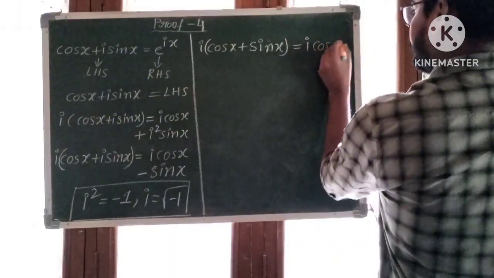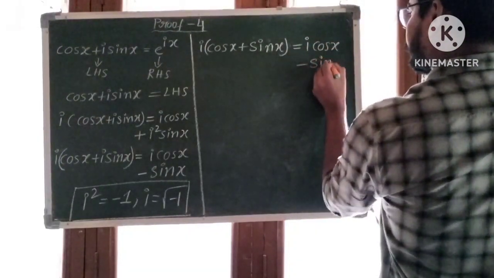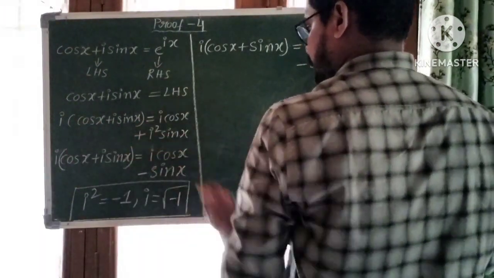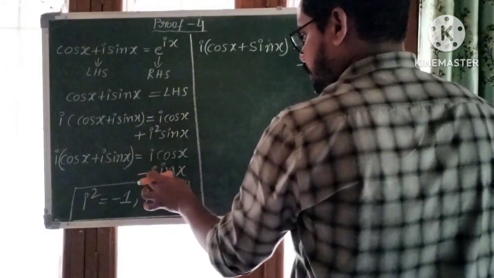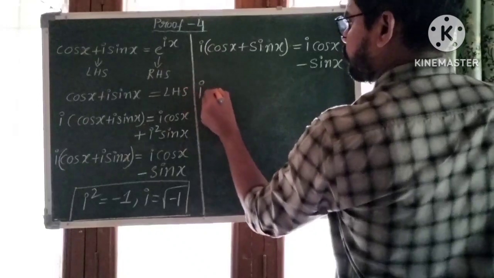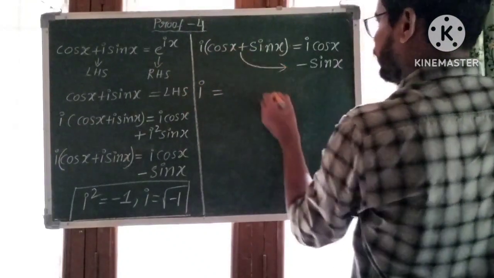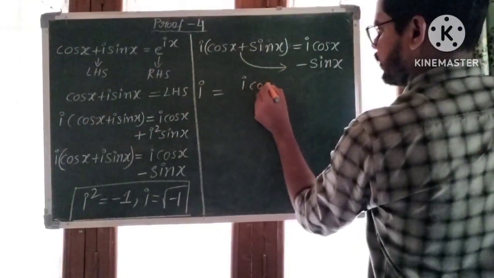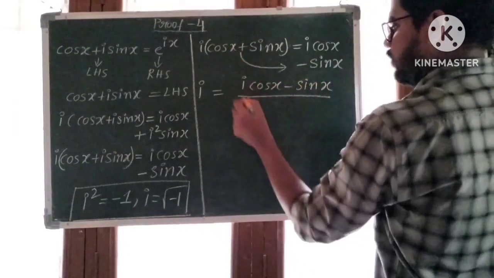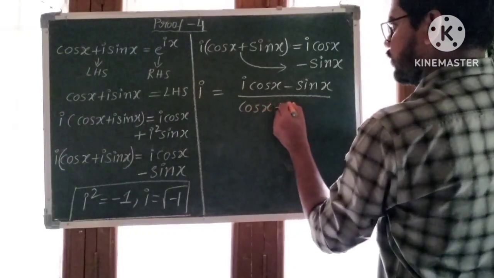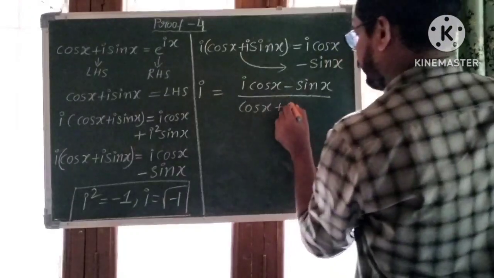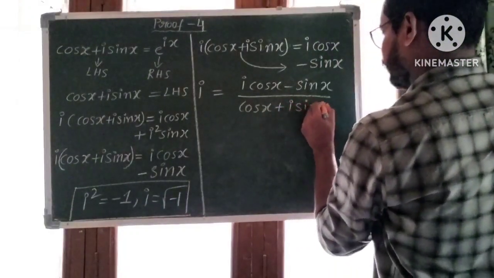I am writing the LHS as it is, and this is the simplified value. Next, transpose cos x plus i sin x. Multiplication becomes division and it goes to the denominator. So i cos x minus sin x divided by cos x plus i sin x.